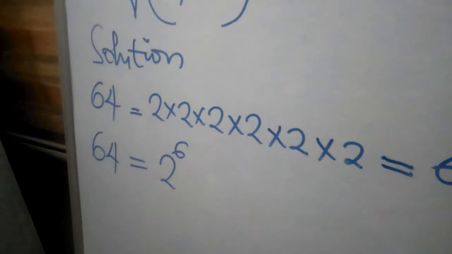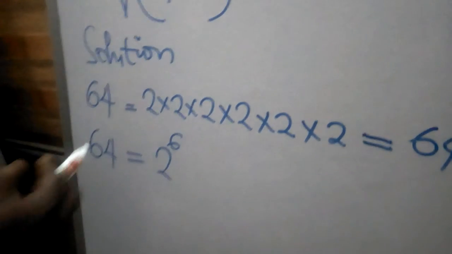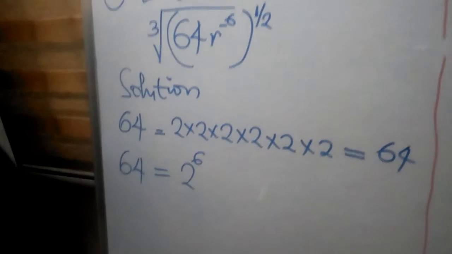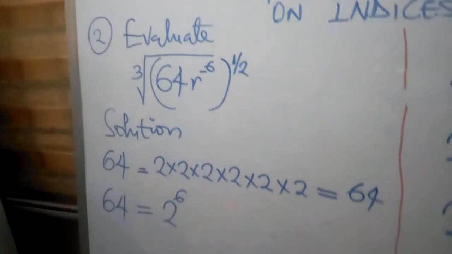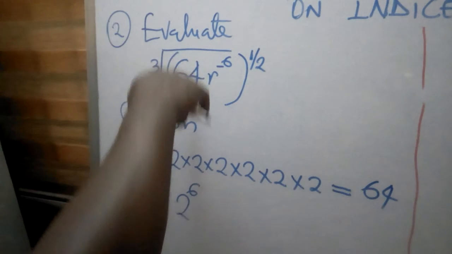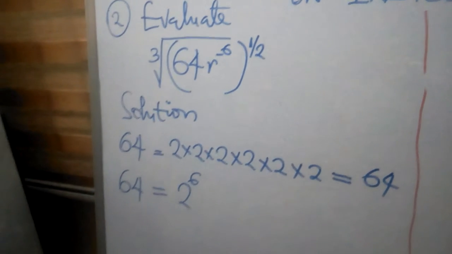I don't know if you understand it. 64 could be expressed as 2 to the power of 6. So if we agree on this, this could be put into the question here so that we can solve easily.